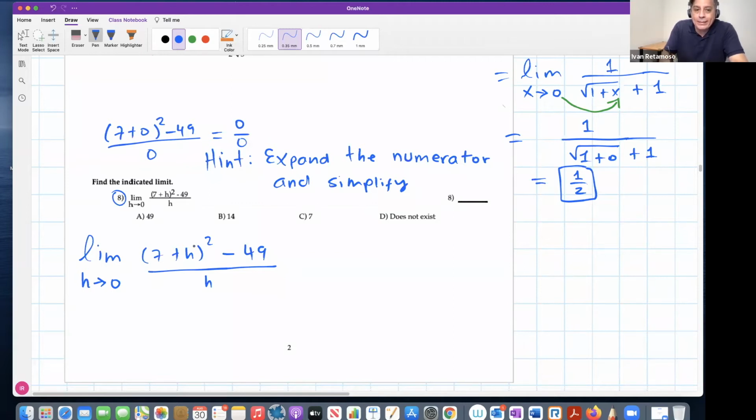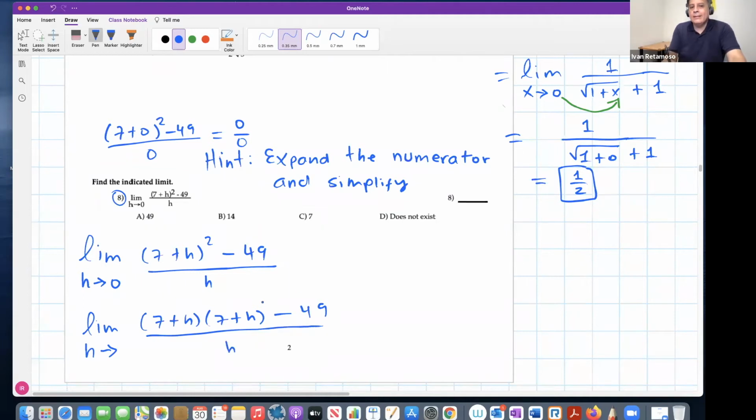Expand this guy, FOIL it out, and then simplify and try to see if with that we can overcome this undefined situation. Simplify and then plug in h equals 0 again. Let's try, guys. Then we will move on to trigonometric expressions.